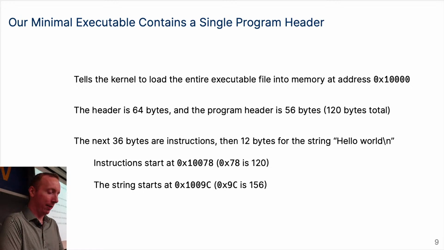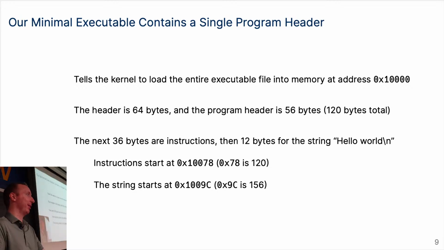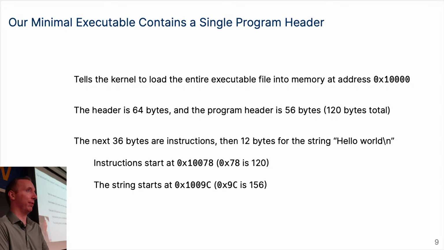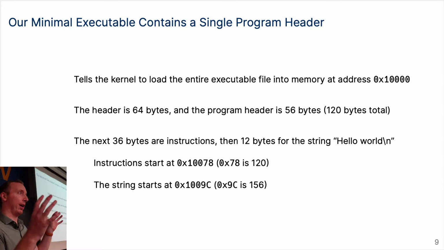The header just says it's an executable and where to load it into memory, and you get to specify where you want to load it. You have complete control over it. If you use C, it just picks something for you. But in this case, if we just write an ELF file, we have control over it. The program header basically says load the entire file, the 168 bytes, into memory, starting at address 10,000.